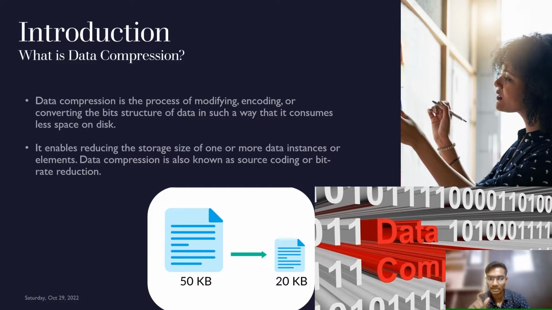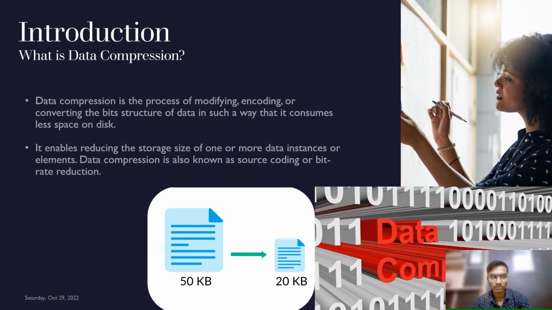Let's say we have just 200 MB of space, so we can compress that 2 GB file up to 200 MB, and we can store it on our disk.